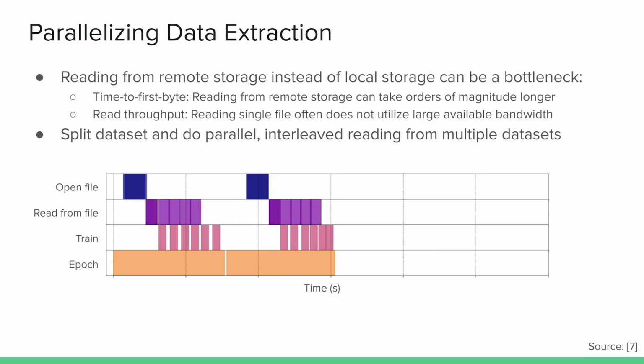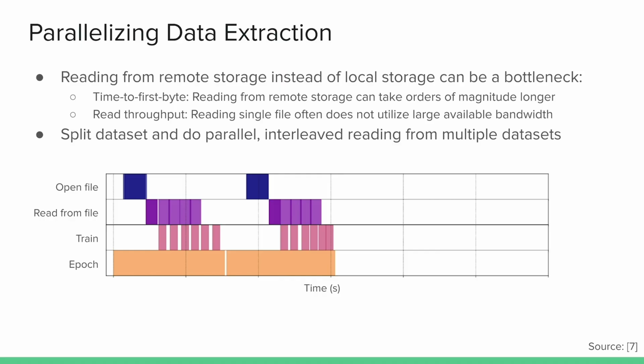You have to wait for a specific amount of time before you receive your first byte, and with remote storage it can take orders of magnitude longer to read data. And when you read a single file, the bandwidth available from these services might not be utilized very efficiently.